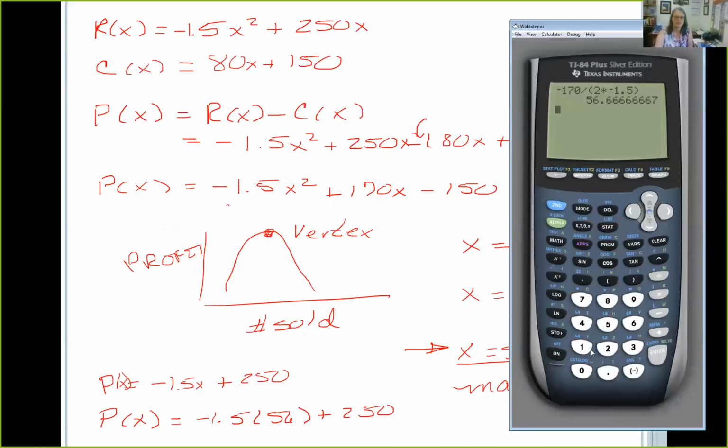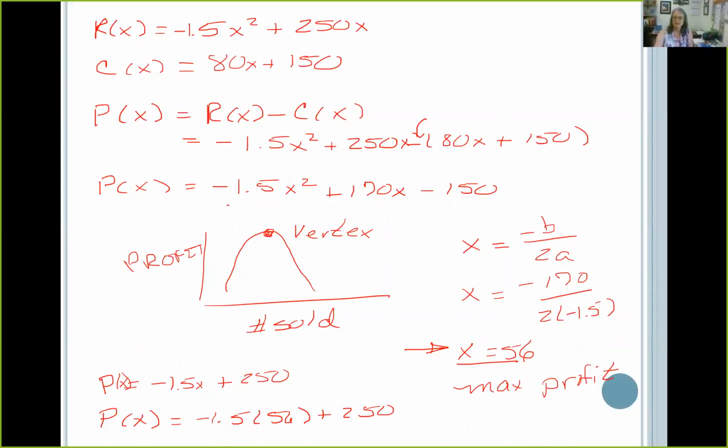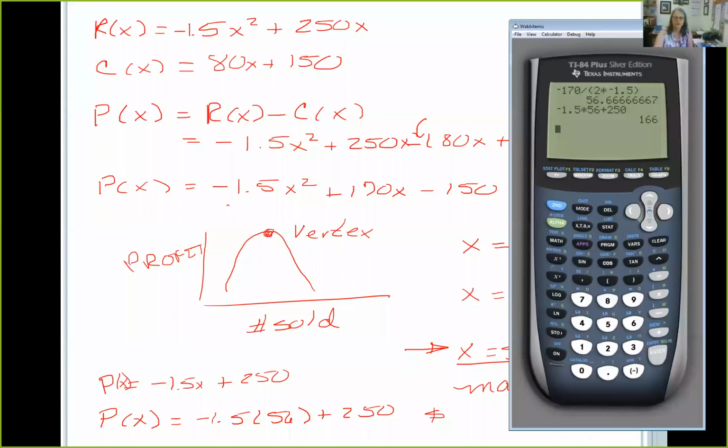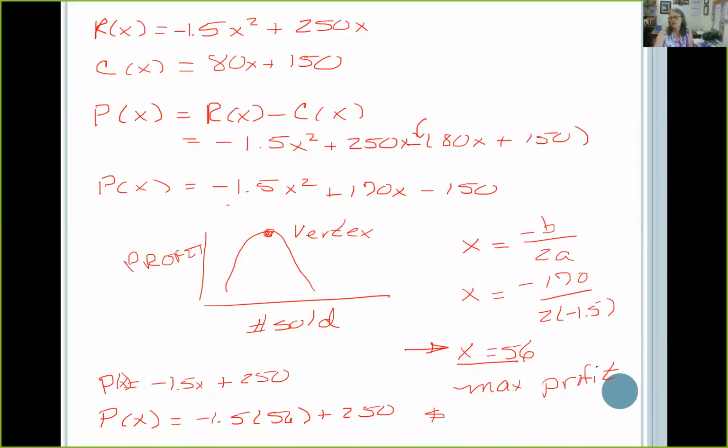Take negative 1.5 times 56 and add 250 to that. And we get $166. So the price that we should set these things at, we should sell them for $166 each. That will target a sales amount of 56 units, which will maximize my profit. See? Math is useful.